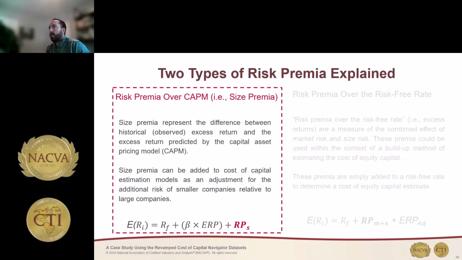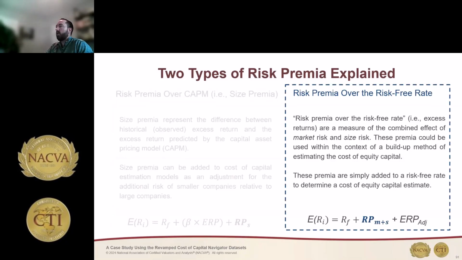We've concluded on selecting a size premium, where we have a basic understanding of what a size premium is. Now we can go into this other input that's used in our build-up one equation, and that's this risk premium over the risk-free rate. So the most simple way to think about this analysis and input is the risk premium over the risk-free rate is a combination of your market and size risk.